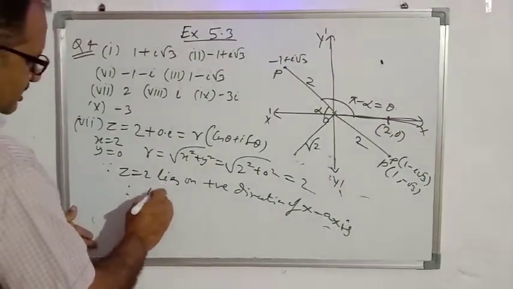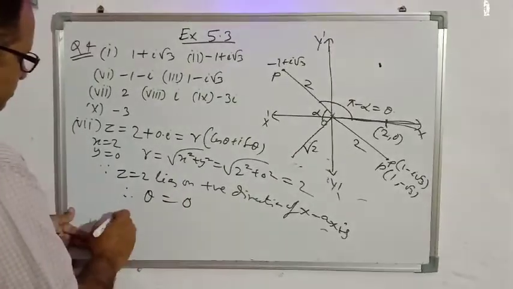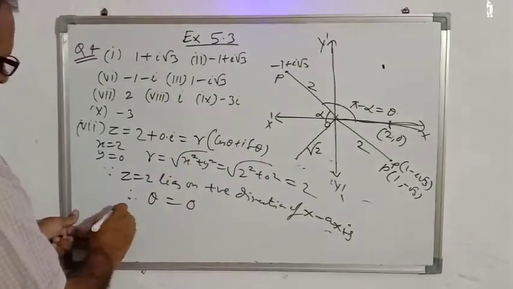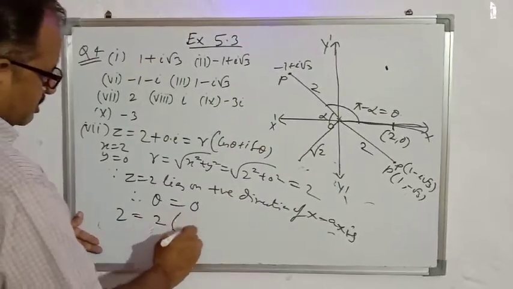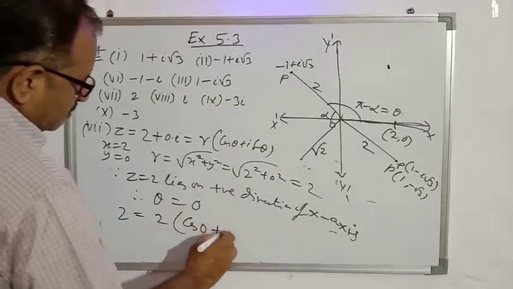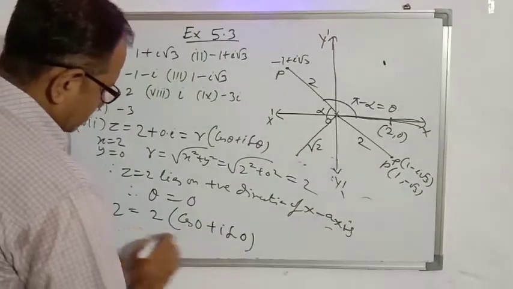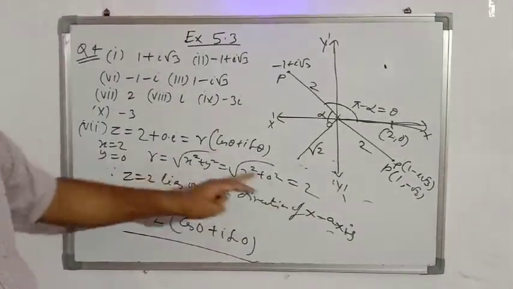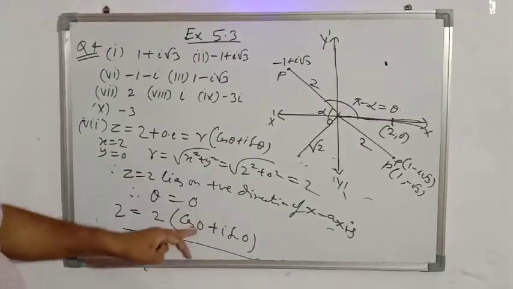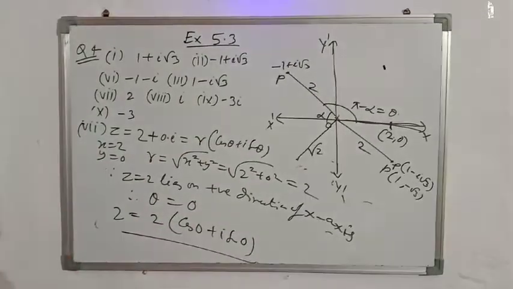Therefore, what will be theta? Theta will be 0. So r is 2, theta is 0: 2 cos 0 plus i sin 0.